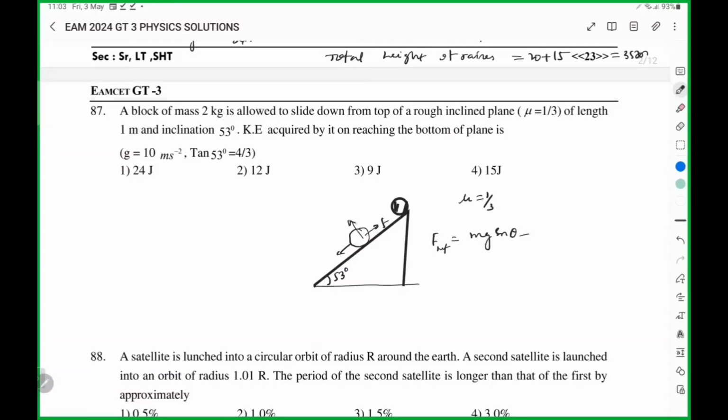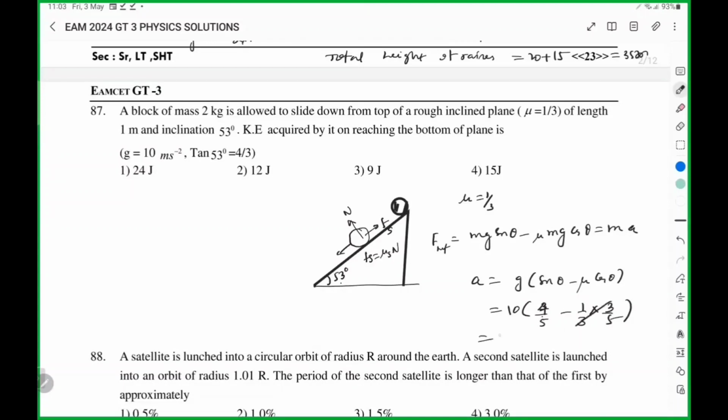Frictional force is μ into N, where N is mg cos θ, which equals ma. It moves with an acceleration a = g(sin θ minus μ cos θ). Here g is 10, sin 53 is 4 by 5, μ is 1/3, cos 53 is 3 by 5. So it is 10 into (4 by 5 minus 1 by 5), which is 6 meters per second square.